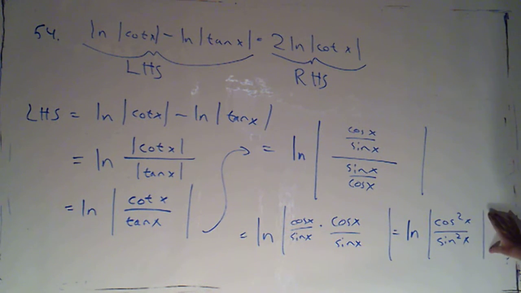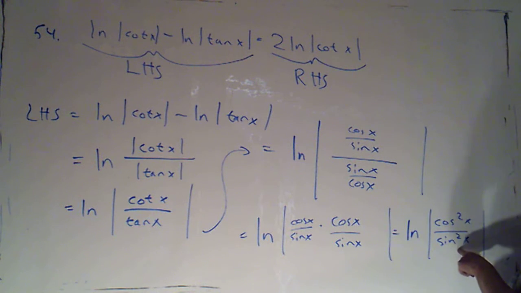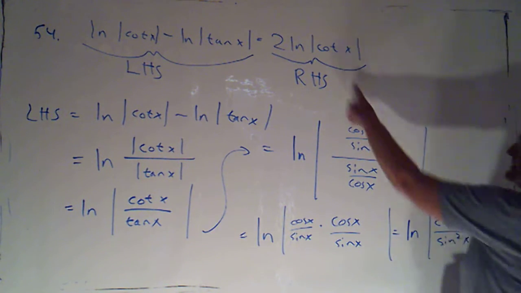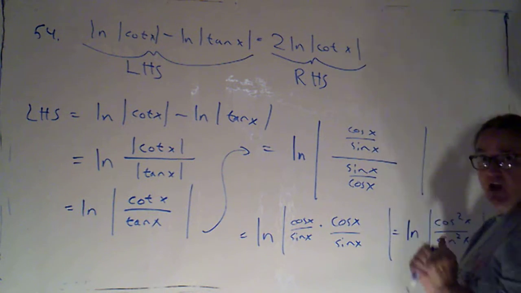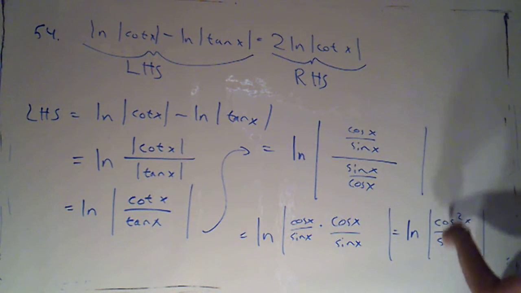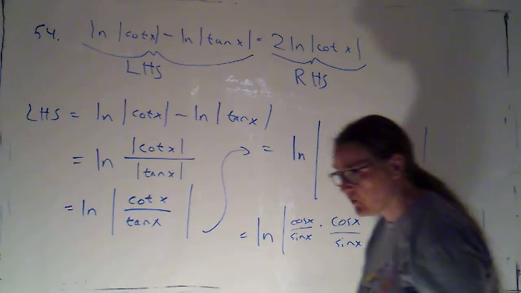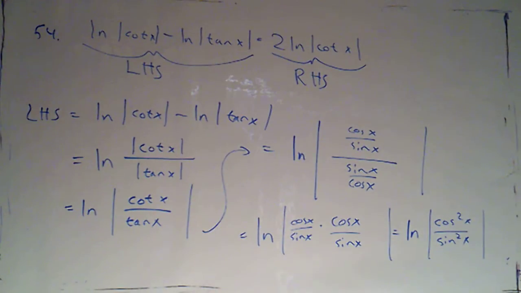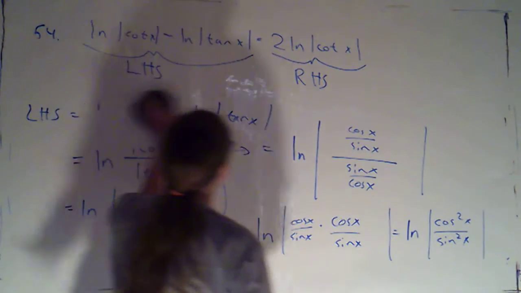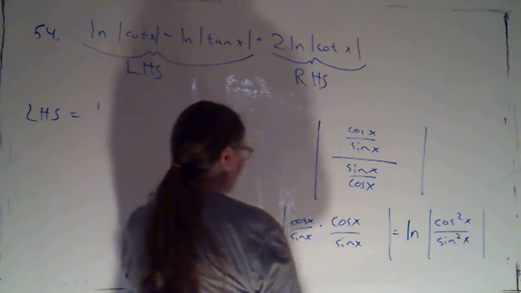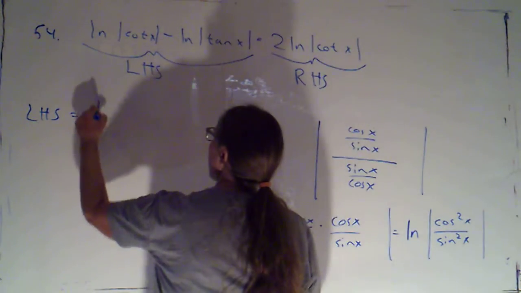Now, I could, if I wanted to, stop there and move to the right side. I think I'm going to keep going. I'm actually going to go back now to cotangents because I can see the right-hand side just involves the cotangents, and I'm kind of liking this because cosine squared over sine squared is just cotangent squared. So I can say, still working with that left-hand side, let me just copy where I've gotten to.